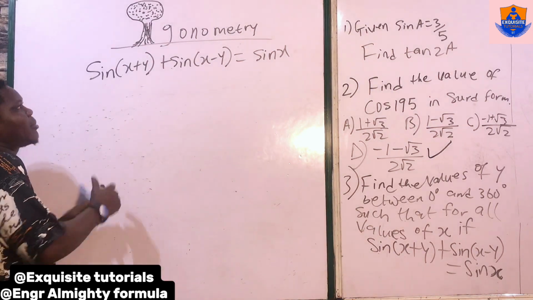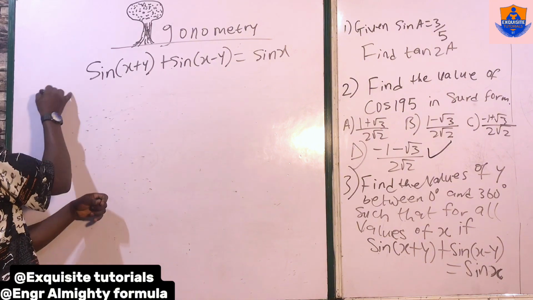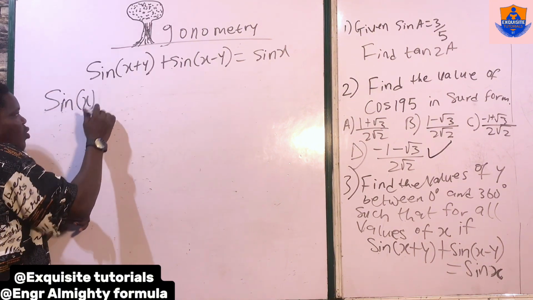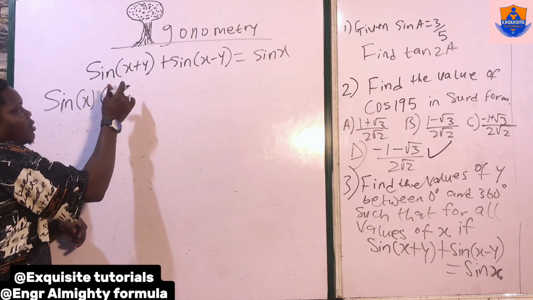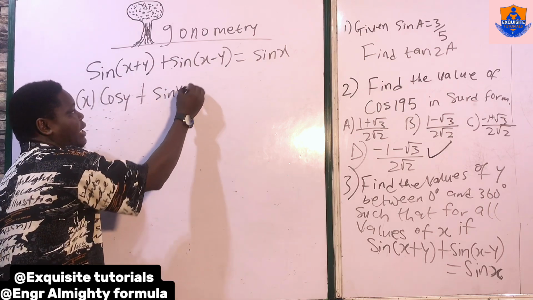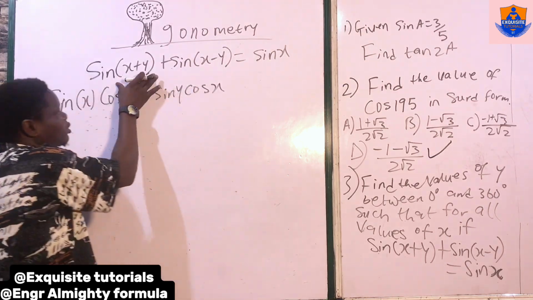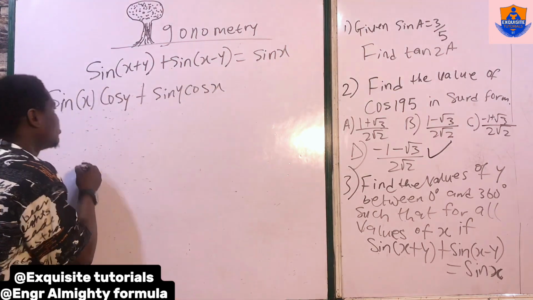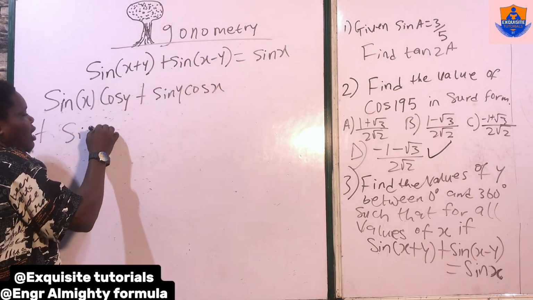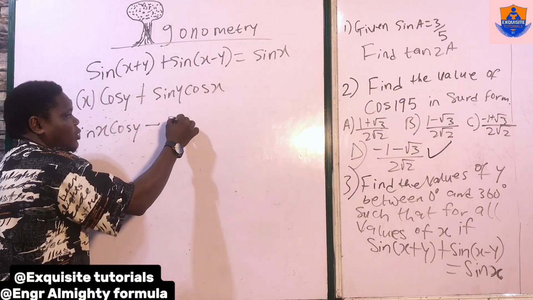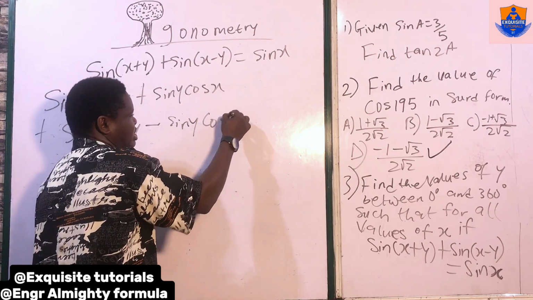So first of all, remember the sine formula. This is sine x cos y, don't forget, then plus, because there's plus here, sine y cos x. So we have been able to use this formula. Then plus this guy, let's use the formula for this guy. We have sine x cos y minus sine y cos x.